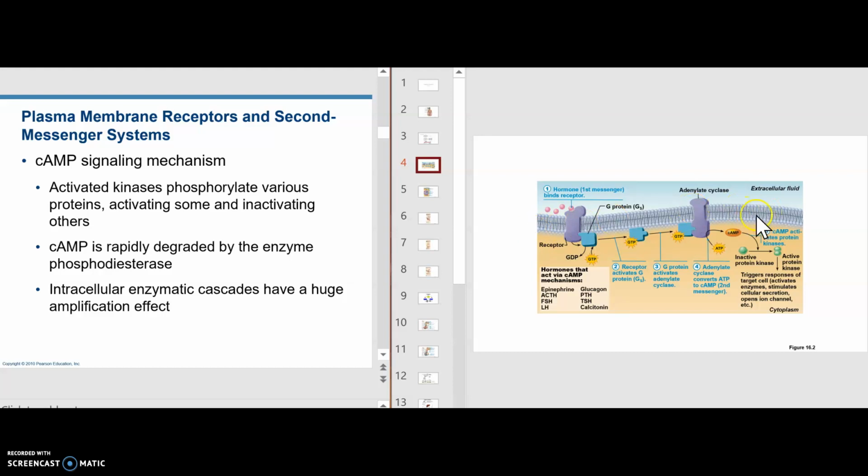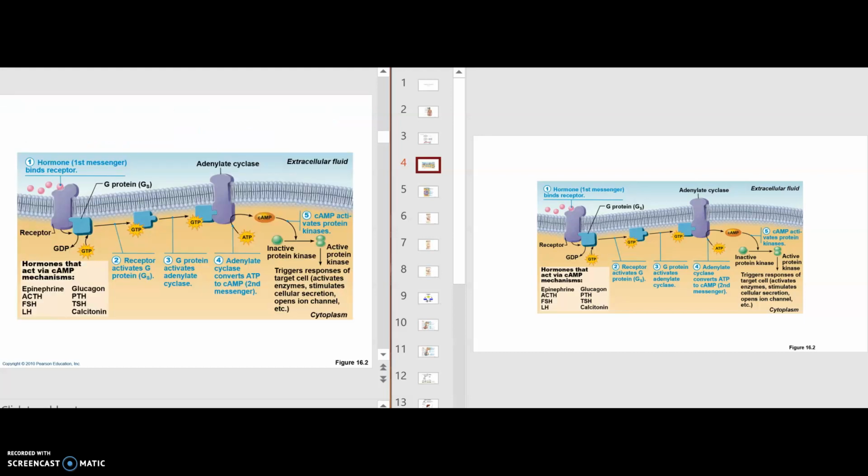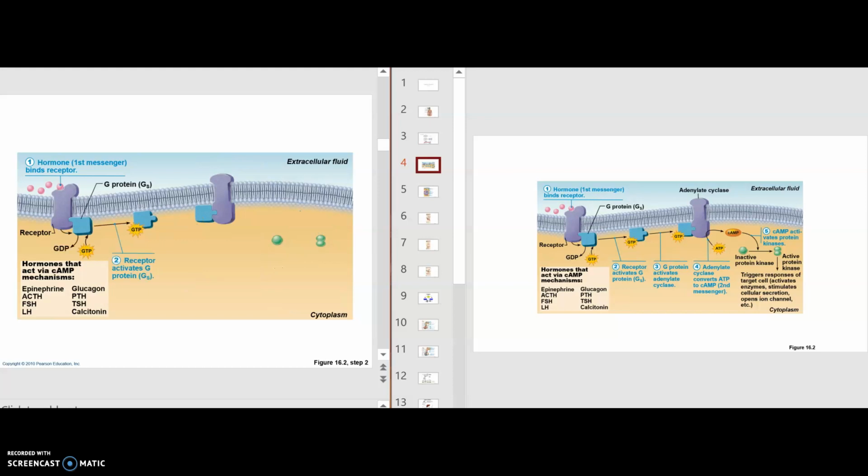But you could activate half the receptors and get the full effect. Why? Because of this secondary messenger amplification effect. Okay, let's go a little further here. You can look at the PowerPoint. This is a step-by-step. I'm not going to do that. You have the PowerPoint, so you can look at it.